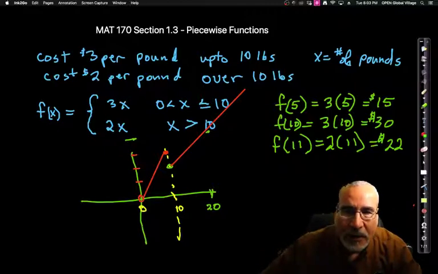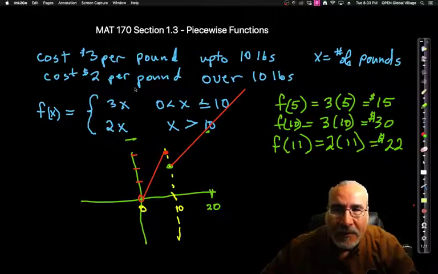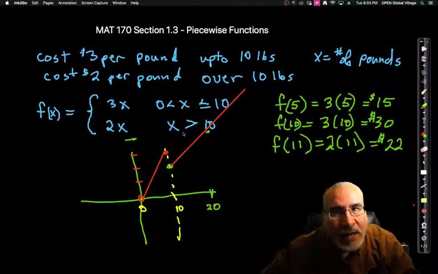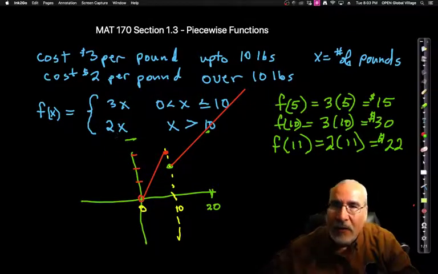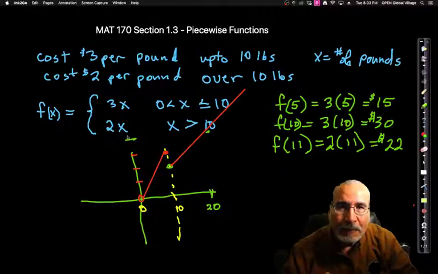That's piecewise functions. Piecewise functions have multiple pieces, but every piece also has a domain part. And that's what you really have to check first: which domain is the input in. And then that tells you which piece you use. You only use one piece at a time. The exception is when we're graphing and wanting to find the boundary points.